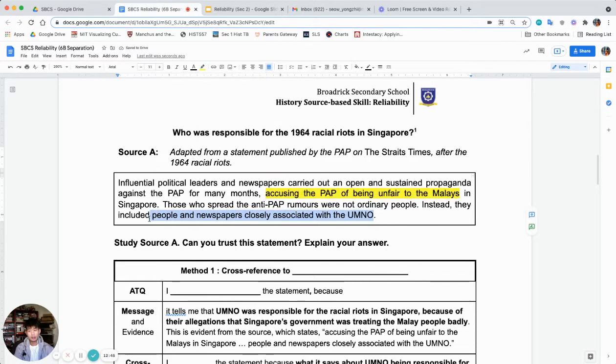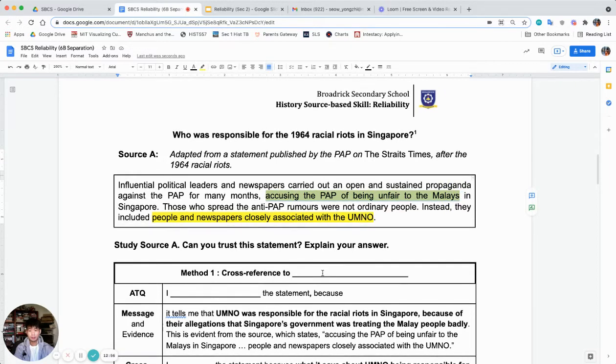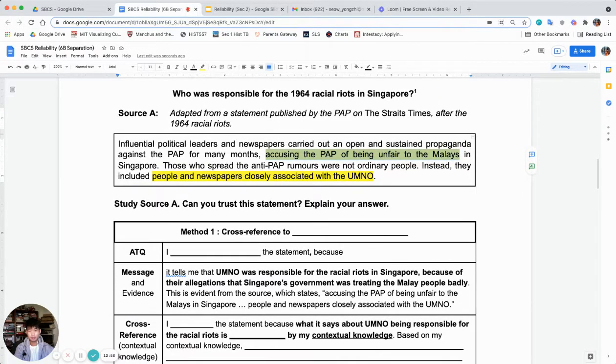The source is effectively saying that UMNO has accused the PAP of being unfair to the Malays. So I get the message out. The message is UMNO's allegations about the PAP. In this case, I've provided a message for you in this worksheet.